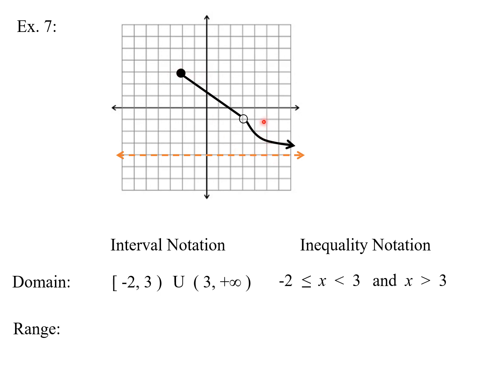From -4 to -1, non-inclusive on both boundaries. And then from -1 up to a positive 3, non-inclusive on the -1, inclusive on the 3. In inequality notation, there's the lower part of it, and there's the upper part of it.